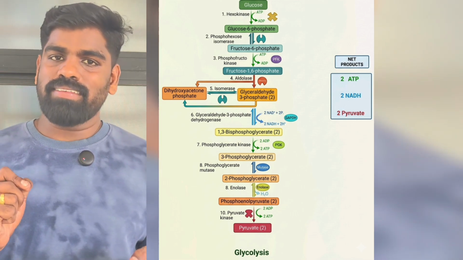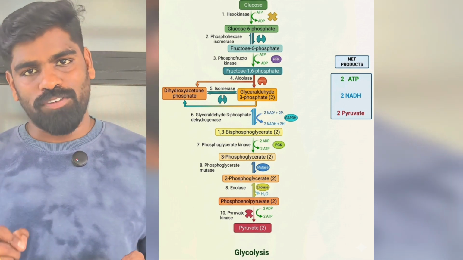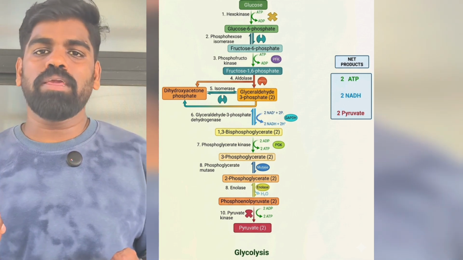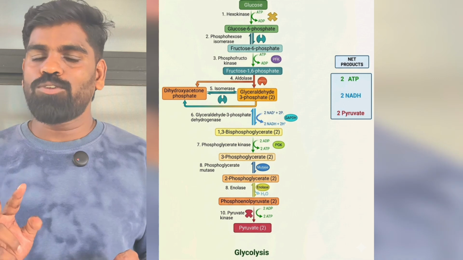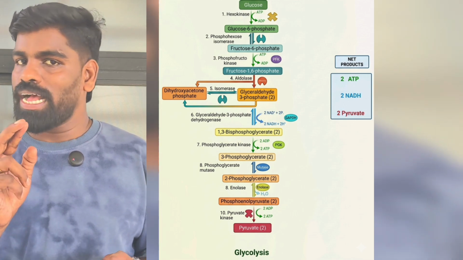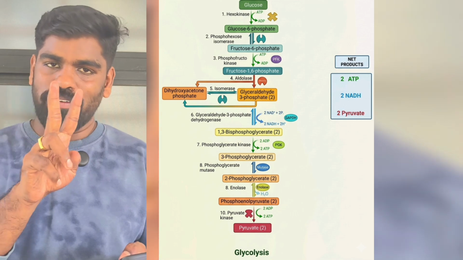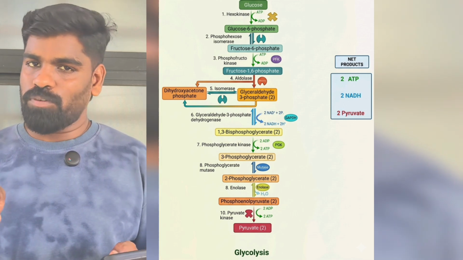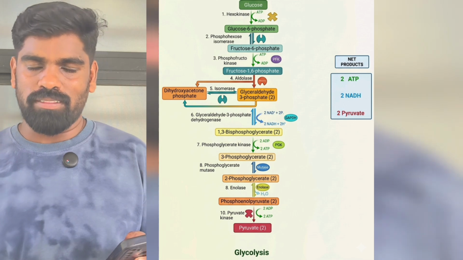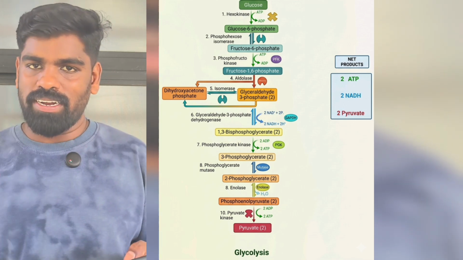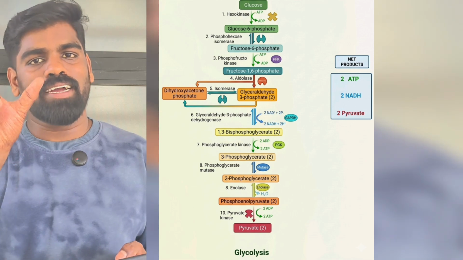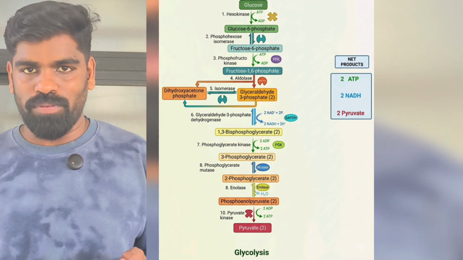Now 1,3-bisphosphoglyceric acid is again converted into 3-phosphoglyceric acid. Here 2 molecules of ATP are produced. Why 2 molecules of ATP, as well as 2 molecules of NADH2? As I have already told you, when fructose 1,6-bisphosphate is divided into 3 carbon compounds, glyceraldehyde 3-phosphate and dihydroxyacetone phosphate, this glyceraldehyde 3-phosphate will be converted into pyruvic acid.